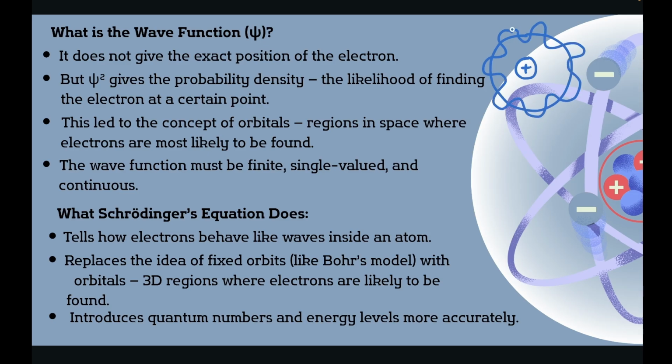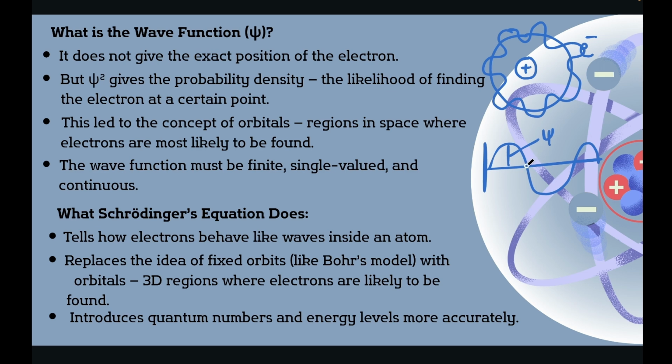We can show it like this, then it must have some amplitude. This is psi. So the maximum height of the amplitude of wave is called psi because electron is present in all three directions. That is, its wave is present in all three directions.